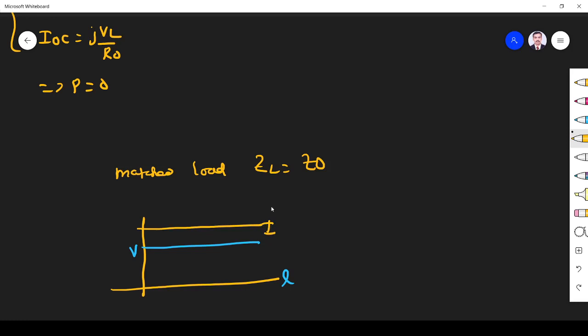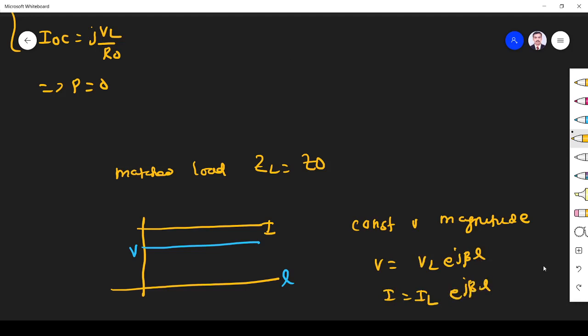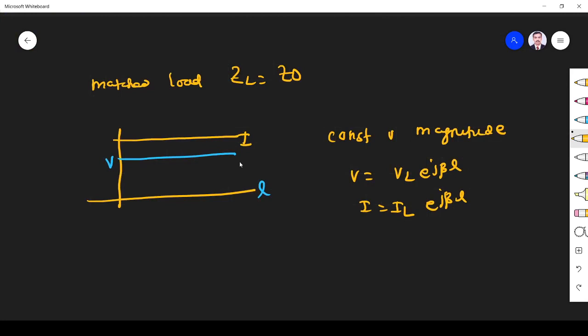For a matched load it will be like that, a constant voltage magnitude. V is given as V is equal to VL e power j beta L, and I is equal to IL e power j beta L. If you take the magnitude, mod V becomes VL because mod e power j is 1. So this is the diagram for a matched load.